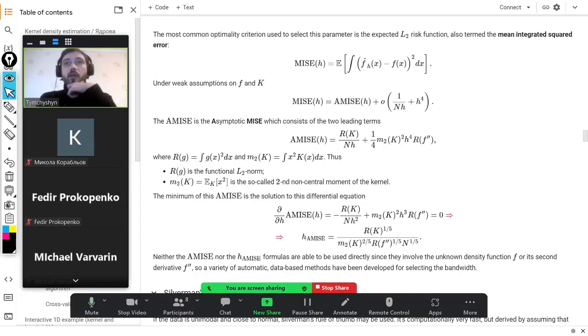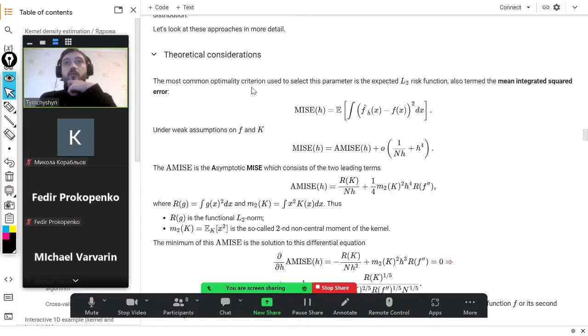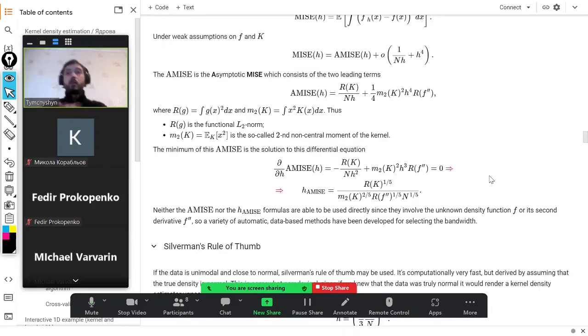Let me show you this one. When we are performing this choice of the parameters, we want to minimize basically the integral of the square difference of the real distribution and what we have. And in some cases, if we perform all those calculations, we will get something like this.